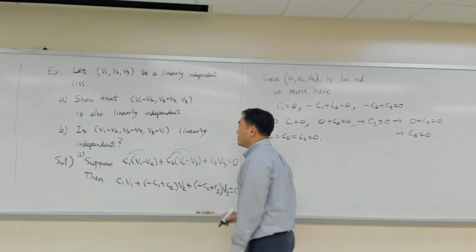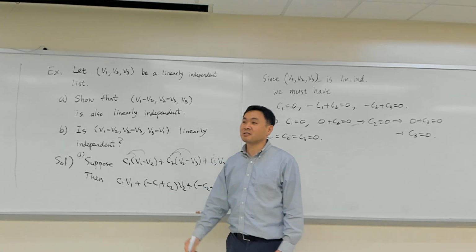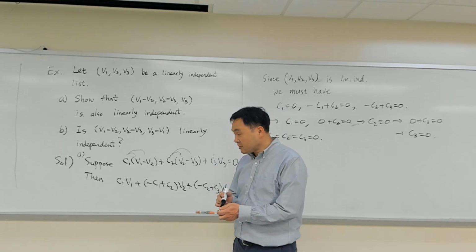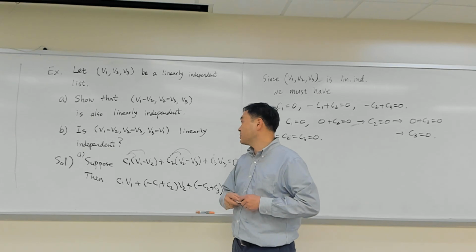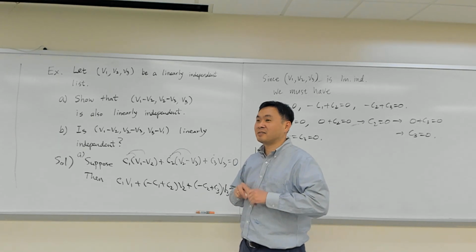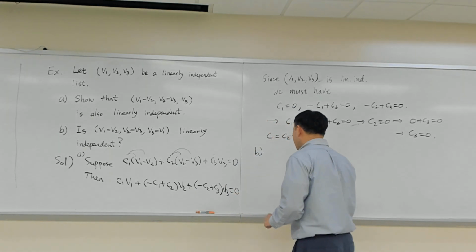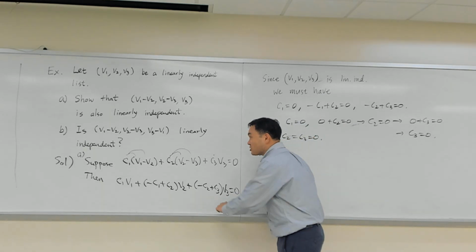Part B. What about this? What do you think? Do you think this is linearly independent? You could try. So let me write in something because I'm going to fail.